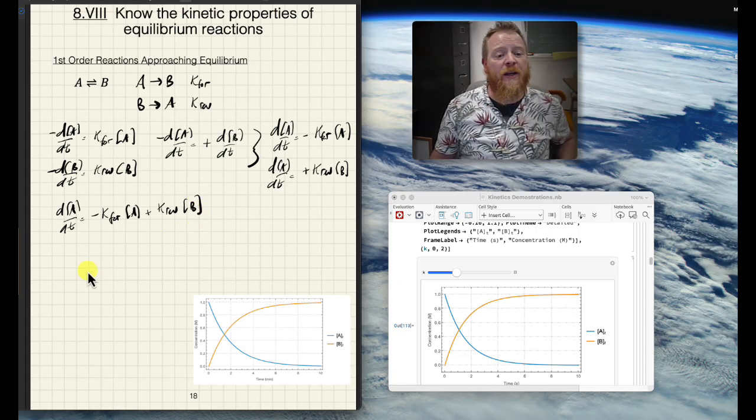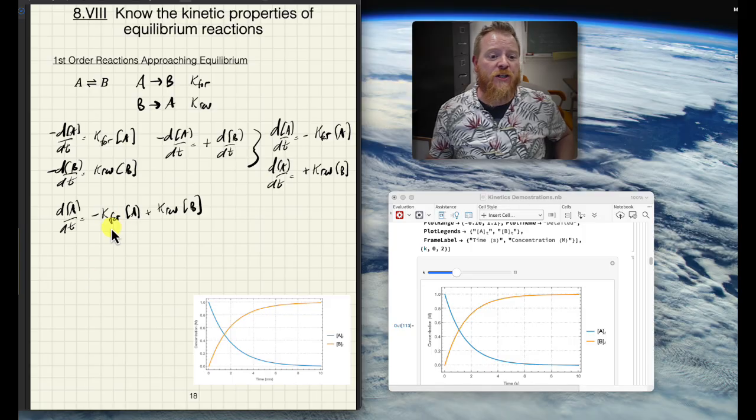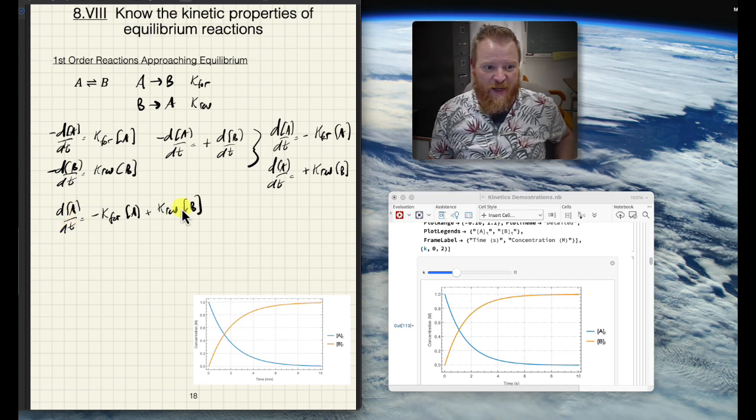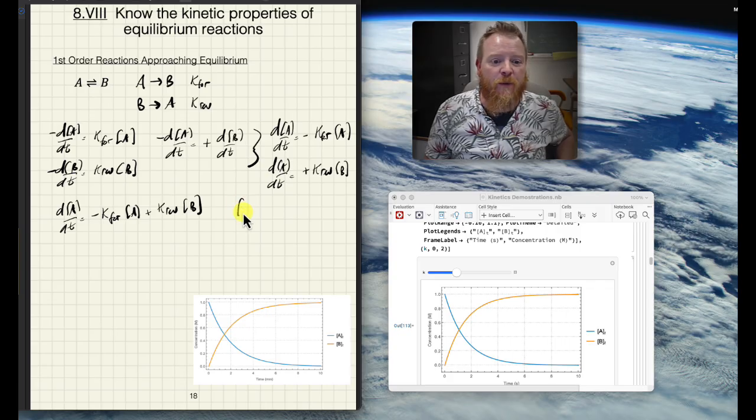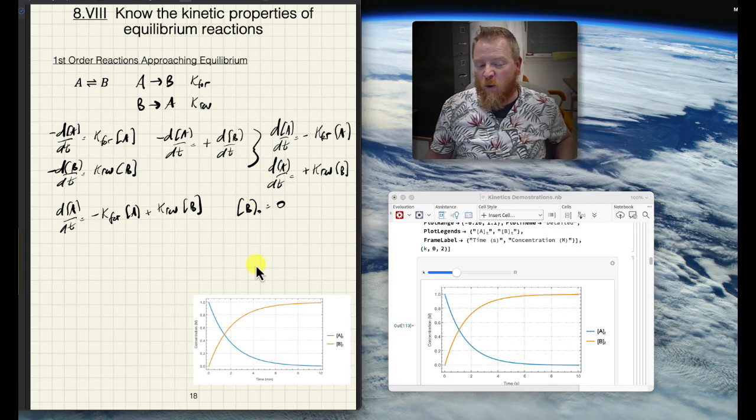And now to do anything in terms of this equation with the calculus, we've got to get both dependent on either dA by dt or dB by dt, right? So it's something similar to what we did in the second order reaction that was first order in A and first order in B. So typically in an equilibrium reaction, the initial B concentration will be 0, not always, but typically.